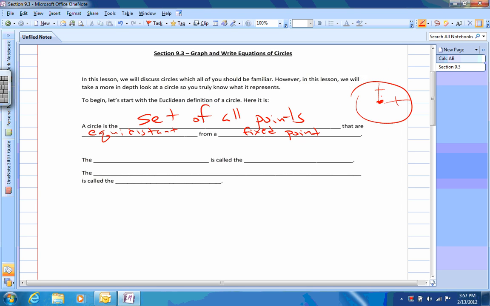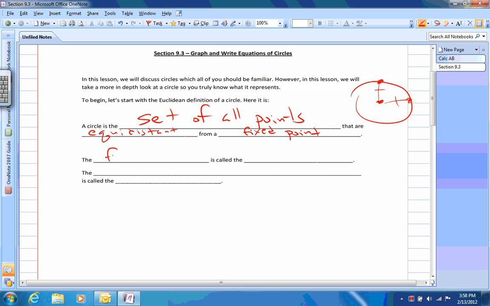But if you picked any point on the circle and connected it to a fixed point, and then pick another point on the circle and then connect it to the same fixed point, those distances will always be the same. So it's a set of all points equidistant from a fixed point.